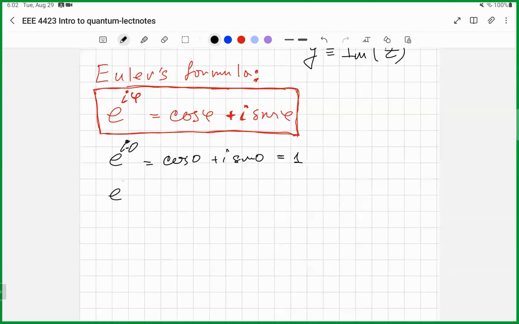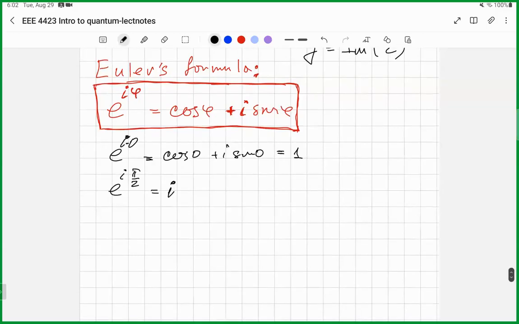Likewise, if you take e to the power of i and some angle like pi over 2, very good number, you substitute pi over 2 for the angle phi. For the cosine you get 0, for the sine you get 1, so you get the imaginary unit.